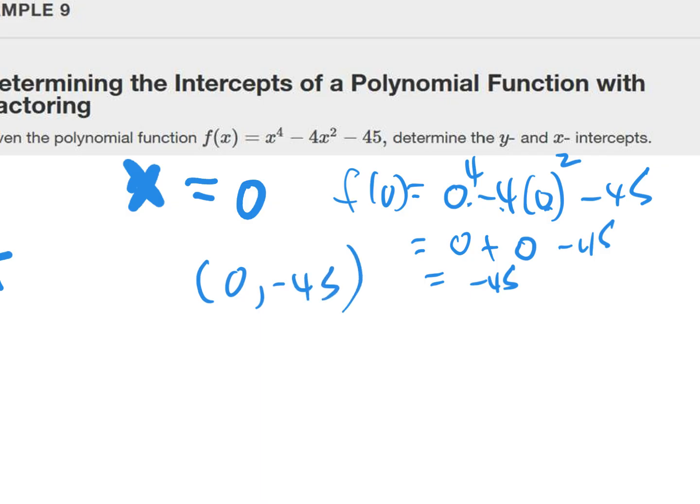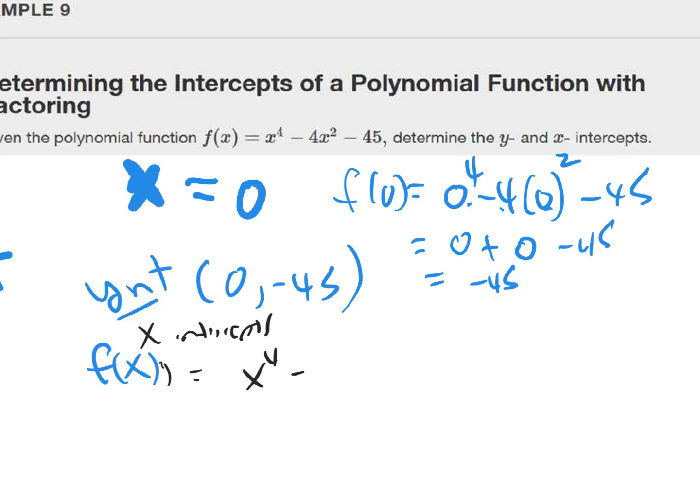This thing really goes down really far. I probably won't be graphing it. I'll just take my word that this is my y-intercept. X-intercepts: this whole thing has to be set equal to 0. So f of x, x to the 4th minus 4x squared minus 45, set equal to 0.